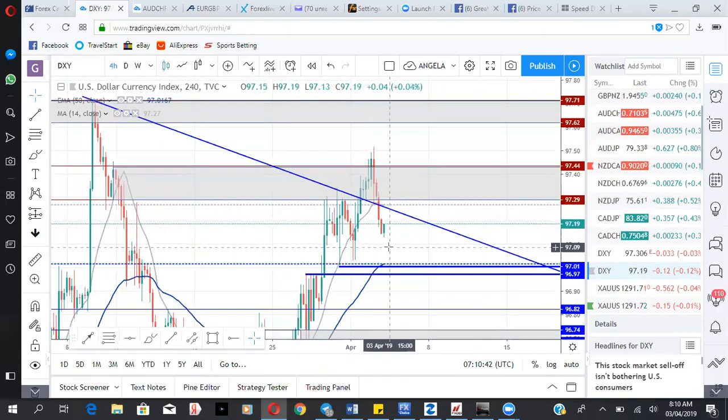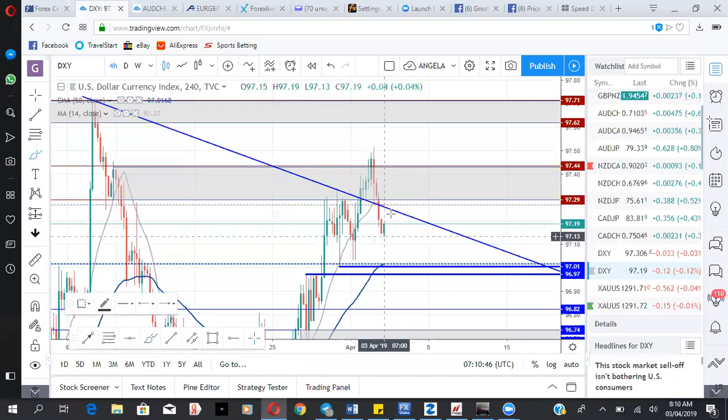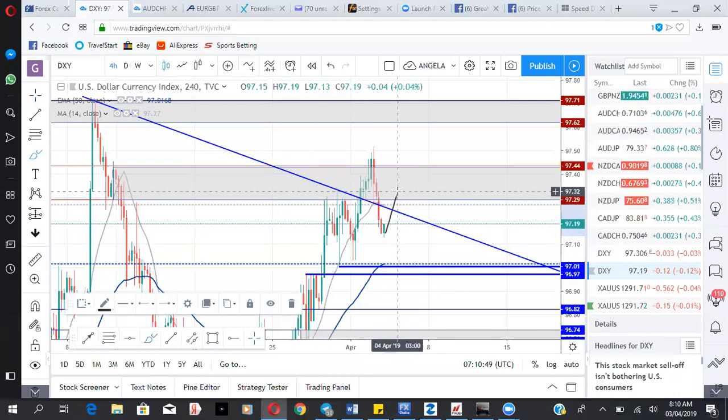So what may we see? We may see a bit of movement by price to retest this area, and if they find resistance in this area, then you might see price come down to the 97.01 to 96.97 area.